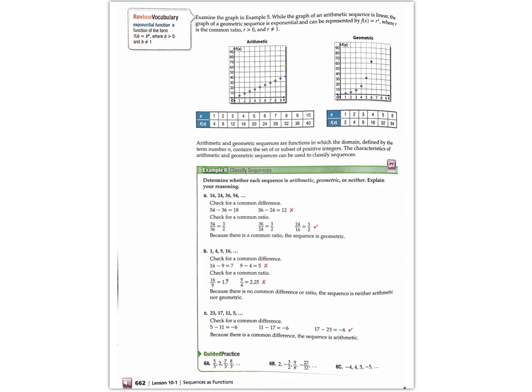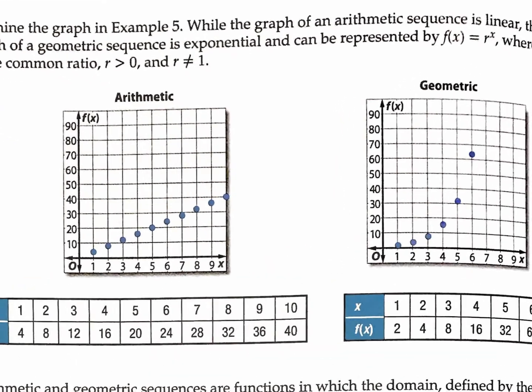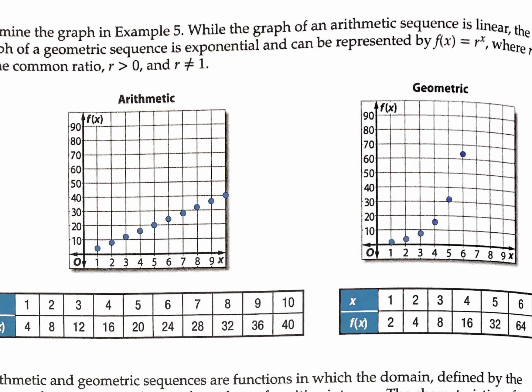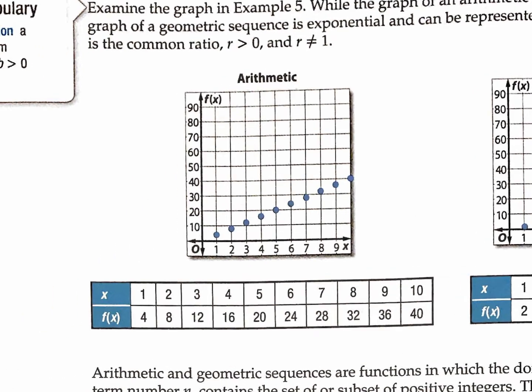So if we look at arithmetic sequences, a list of numbers, and graph that list of numbers, and also compare it to a geometric sequence, a list of numbers, and graph that list of numbers. First of all, you're probably thinking, what do you mean graph a list of numbers?